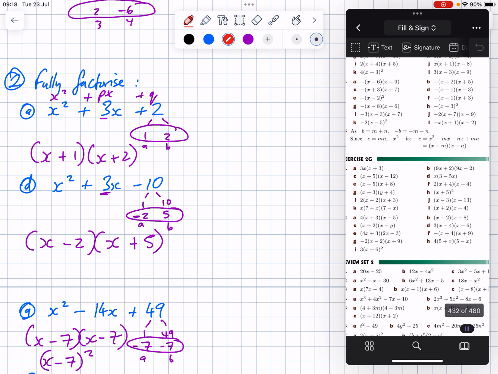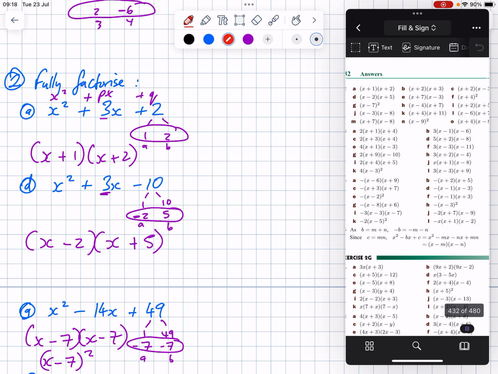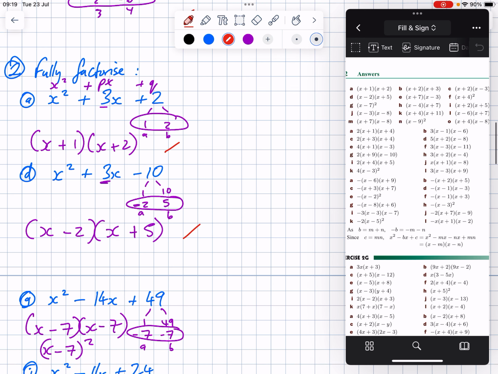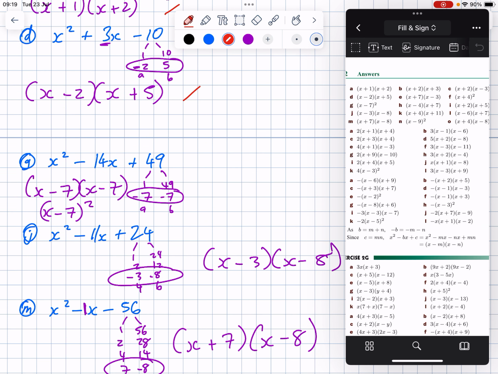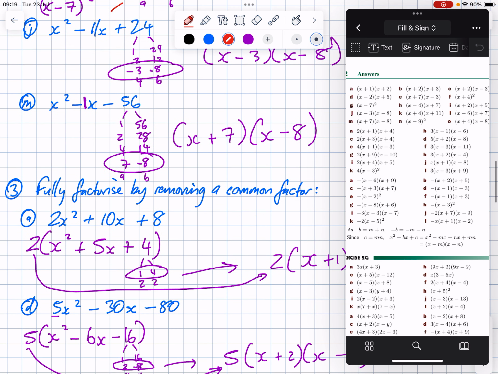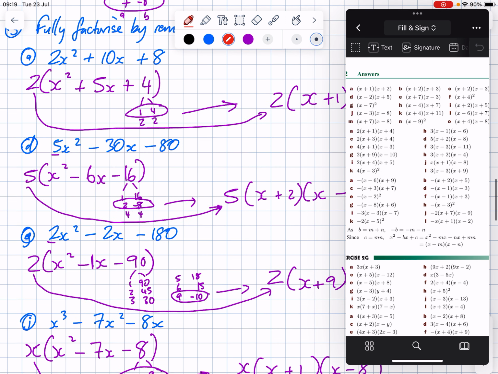Question 2 is on a separate page. 2a, x plus 1, x plus 2. D, x take 2, x plus 5, yep. G, x take 7, all squared. I'd accept this as well, because that means exactly the same thing. J, x take 3, x take 8, yes. M, x plus 7, x take 8, yes. Fully factorized by removing a common factor.